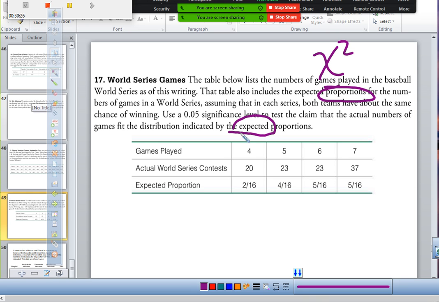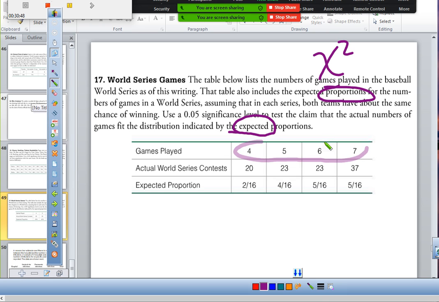So here, games played, World Series games played. Is 4, 5, and 6, is that my data, or what's up with those? You play World Series games, and how many games did you play? You played 4, 5, or 6. So these are my categories.